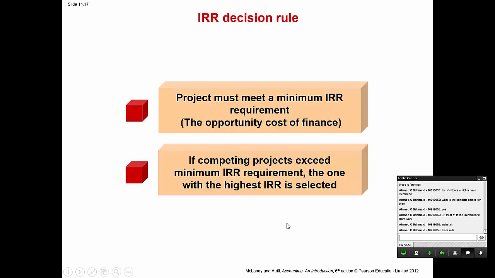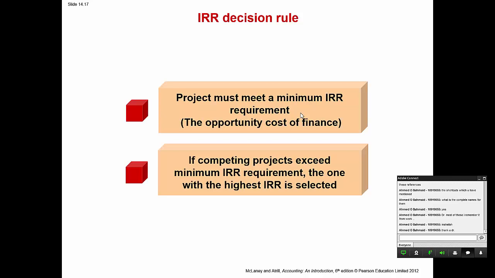The IRR decision rule: the project must meet a minimum IRR requirement. For example, if we are deciding that we need at least 20% IRR for any project, that means if the project's IRR is less than the IRR that we decided, we will not accept it.